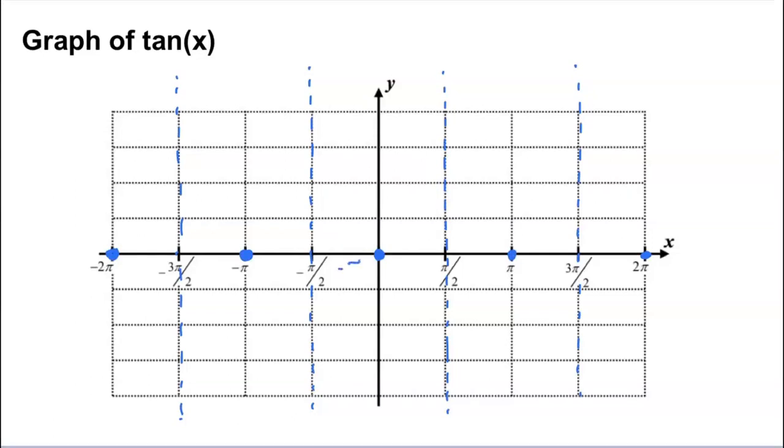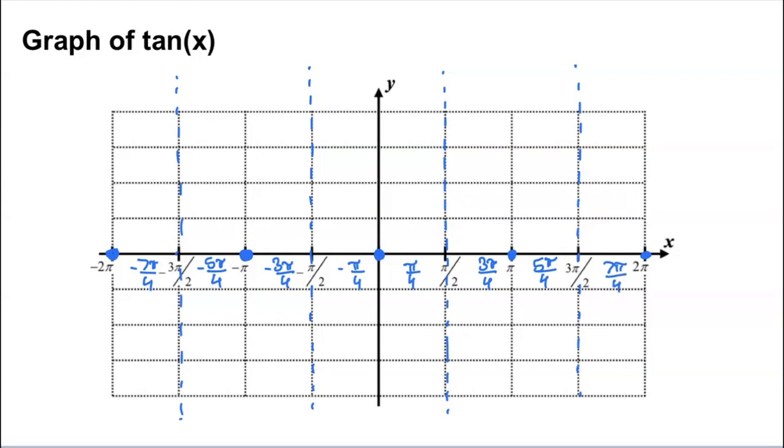So I'm just going to write in negative pi over 4, negative 3 pi over 4, negative 5 pi over 4, and negative 7 pi over 4. And I'm just going to do this for the positives too. Pi over 4, 3 pi over 4, 5 pi over 4, and 7 pi over 4.